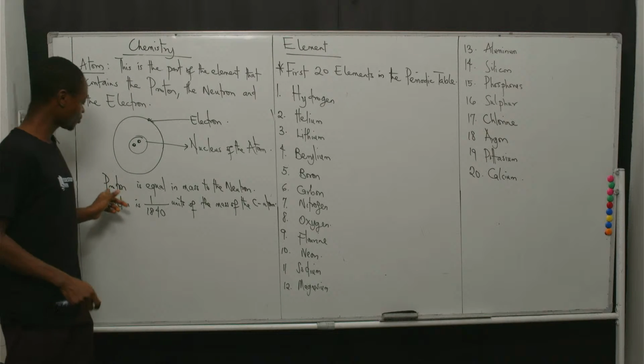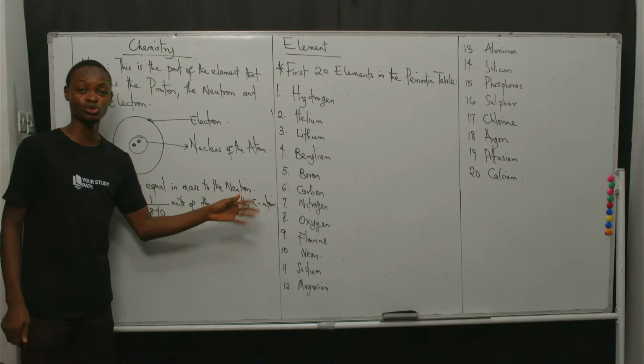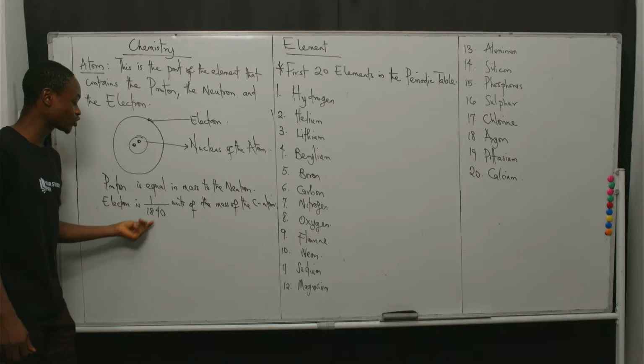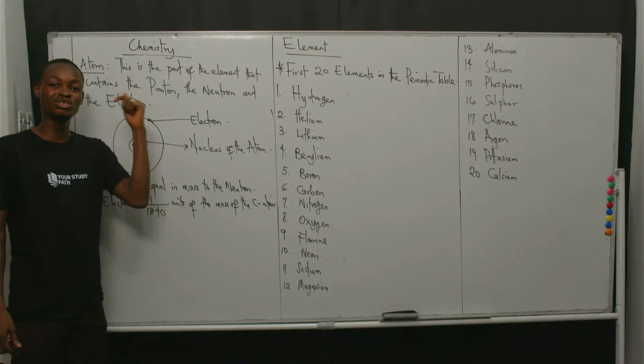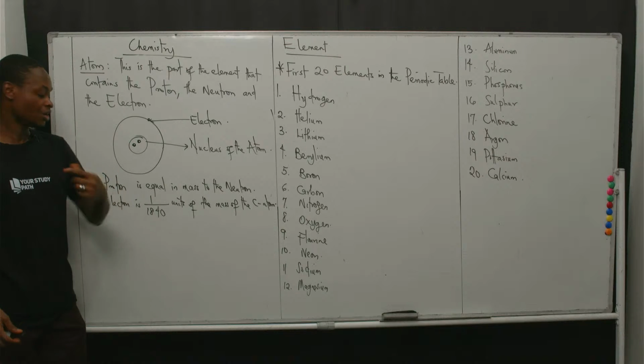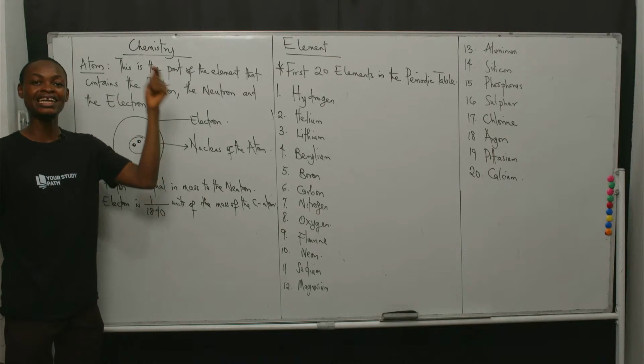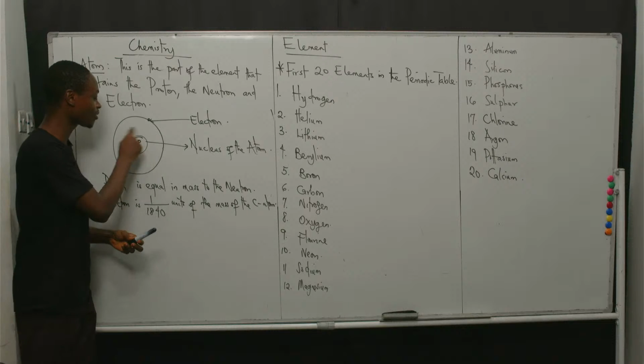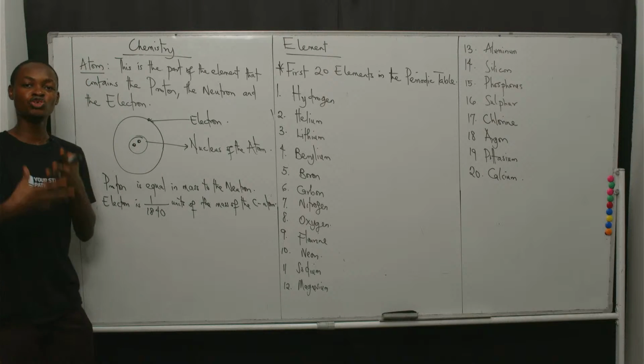So, while the proton is equal in mass to the neutron, and of course equal to the mass of the carbon atom, the electron is 1/1840 units of that mass, which makes it extremely lighter than the proton and neutron. Hence the reason why it cannot stay in the nucleus of the atom.